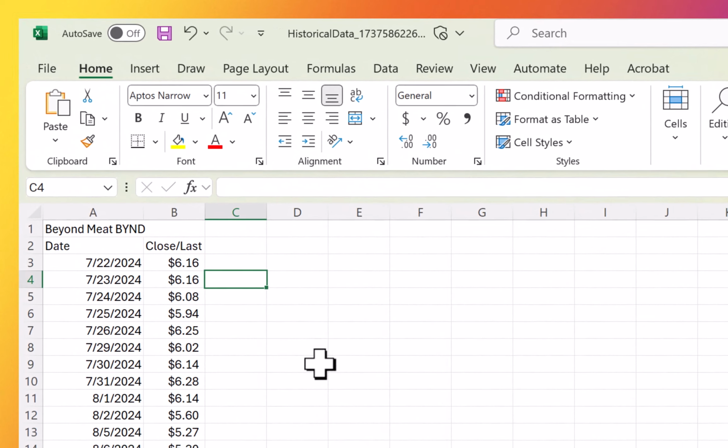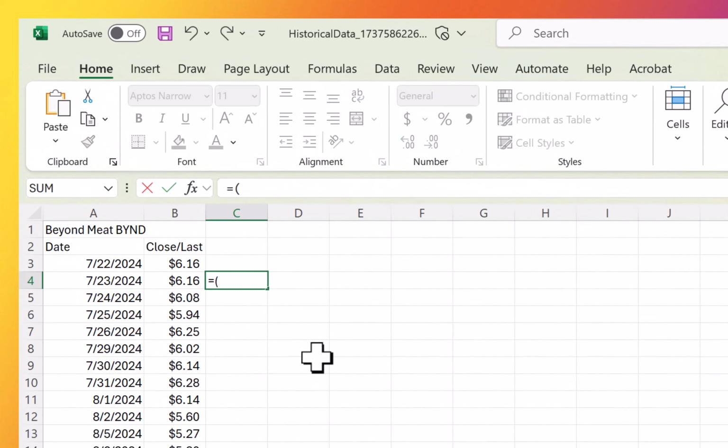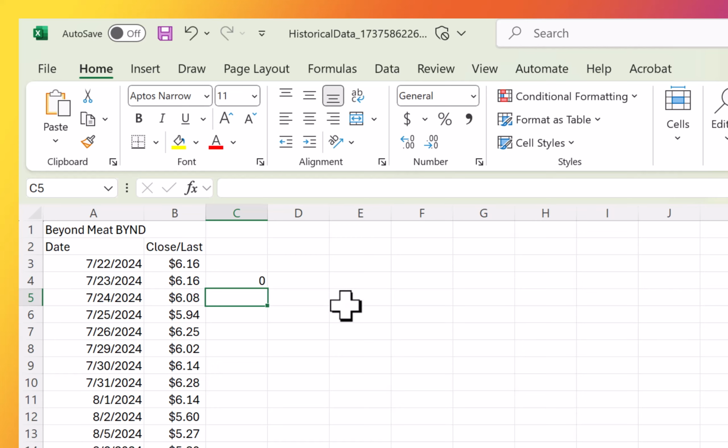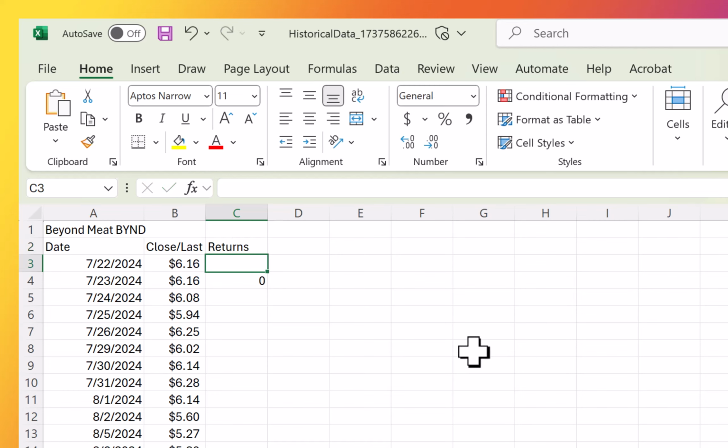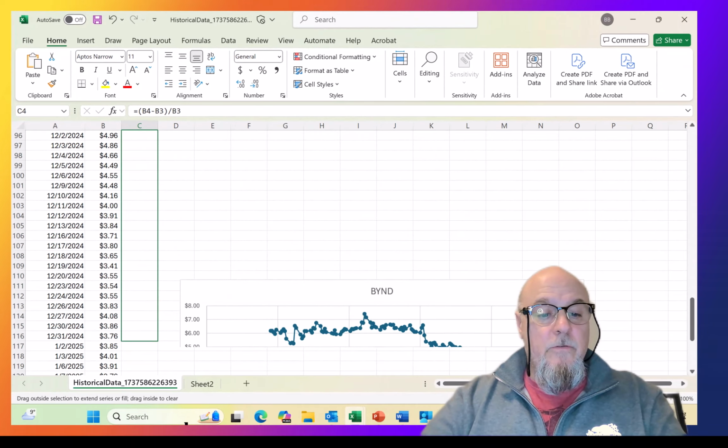Well, the first day I could sell it for 6.16 and I would have bought it for 6.16, so I would have made no money, and I'm dividing it by the 6.16 to make it relative, so the return was 0. These are daily returns because I'm using daily data. Let's drag that and calculate all of these returns.